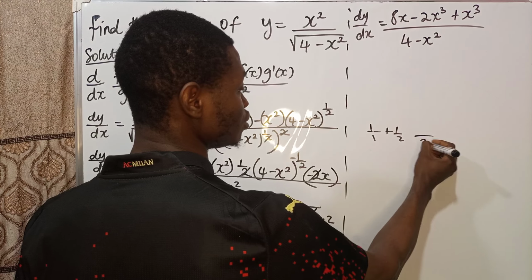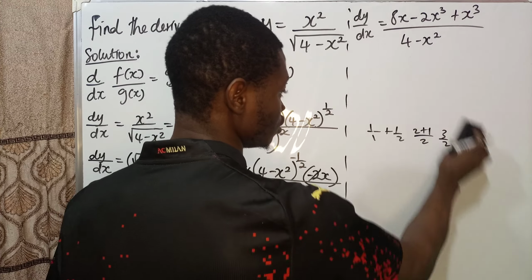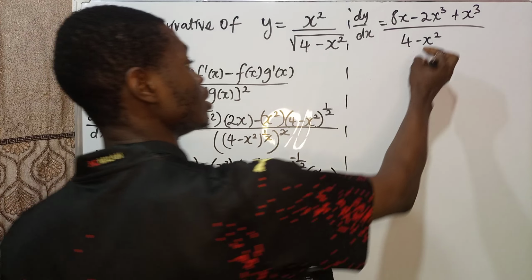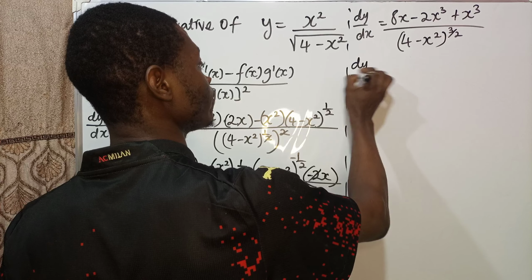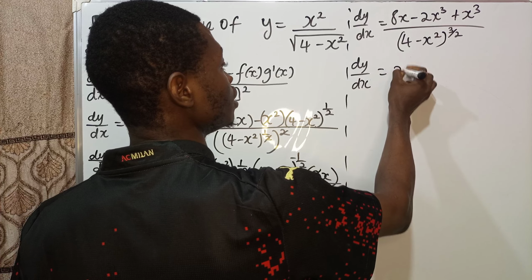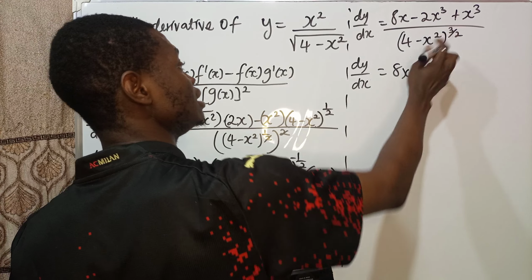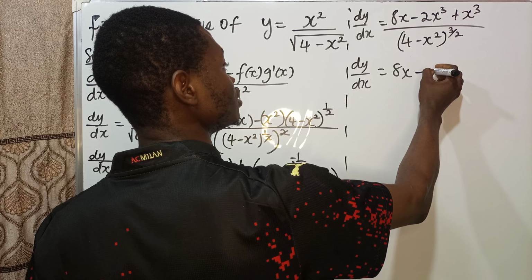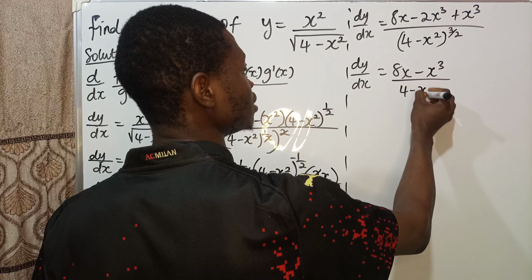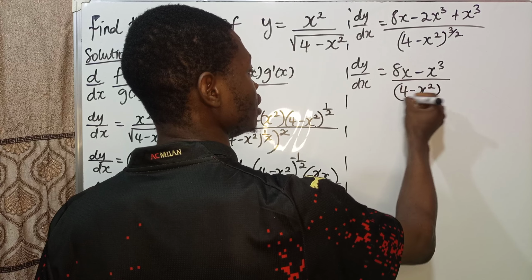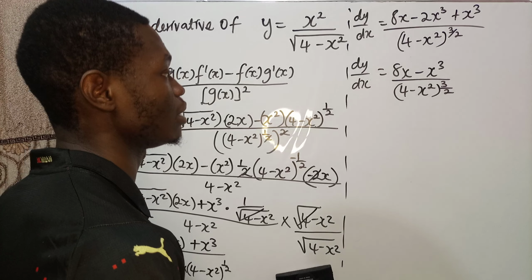So dy over dx equals 8x, then this and this give us minus x to the power of 3 all over 4 minus x squared raised to the power of 3 over 2. You understand? This is our answer.